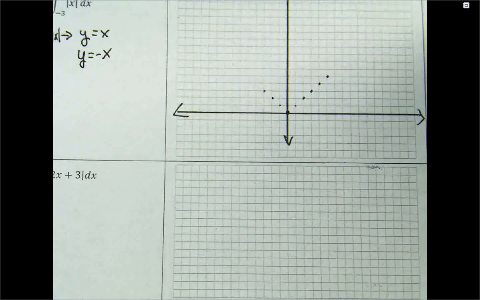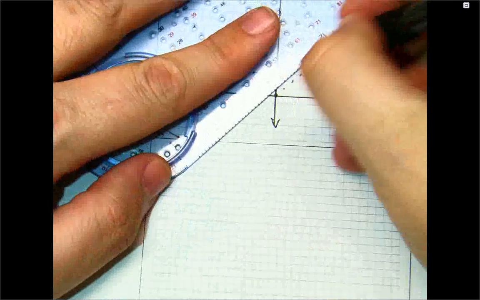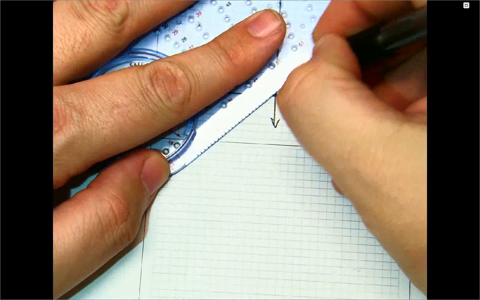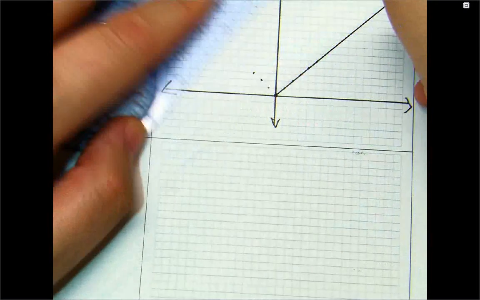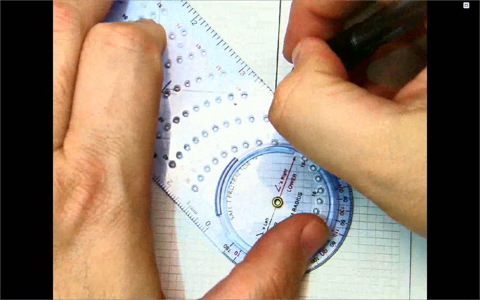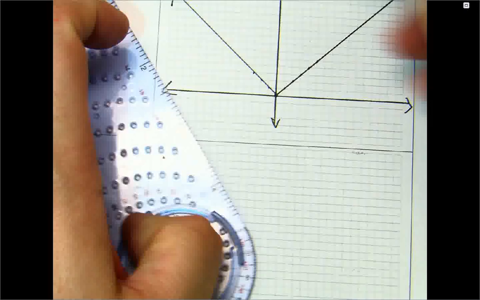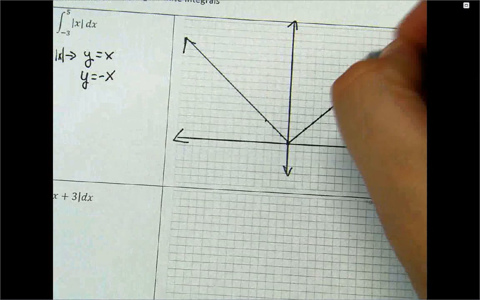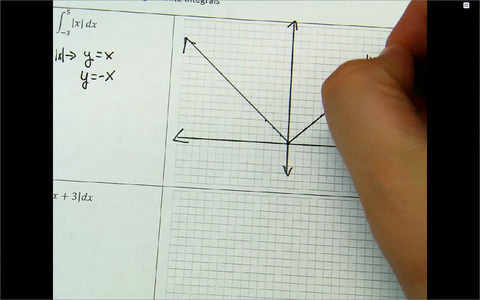And so if we go through, this is the graph of y equals absolute value of x.